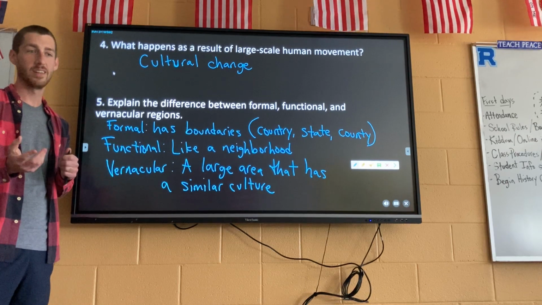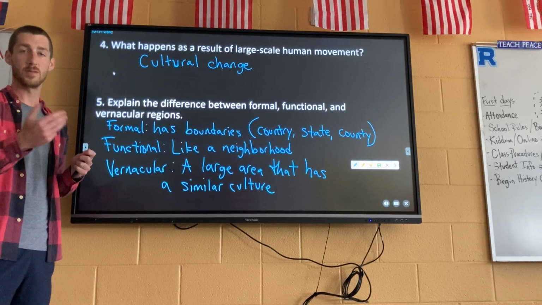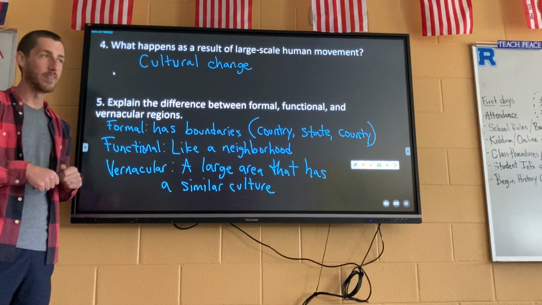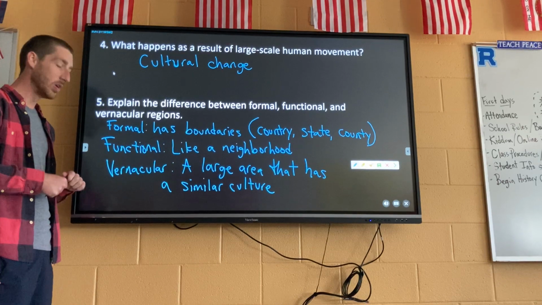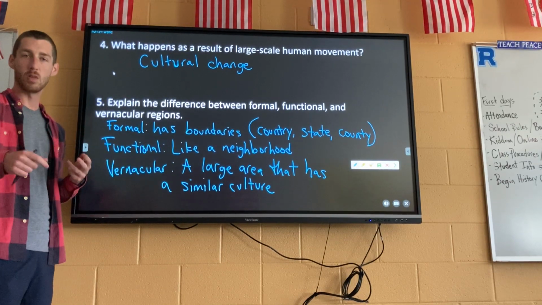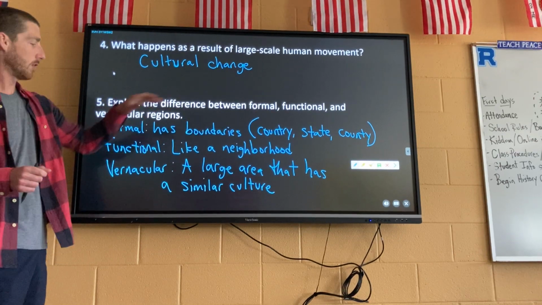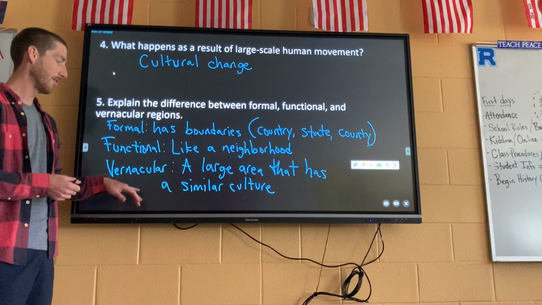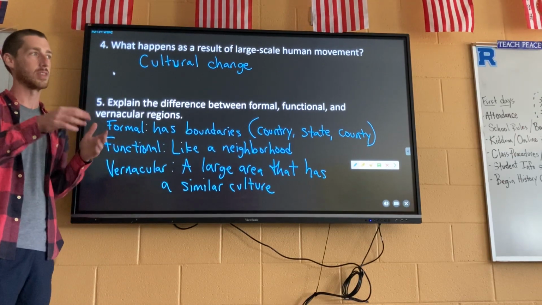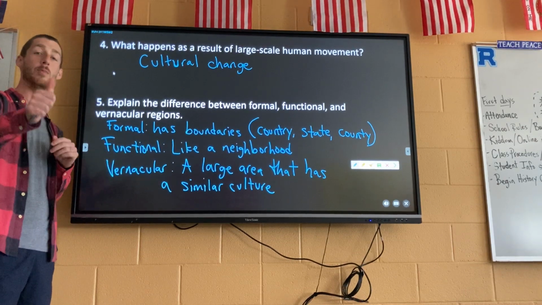The South is hot, and there are a lot of rural areas, farming. Everybody has the Southern accent, or a lot of people do. Middle East, you know, Arabic culture, Islam as the main religion, things like that. So formal has boundaries, functional is like a neighborhood, and vernacular is an area that kind of exists in your mind. Like you think of the South and you think of Tennessee, Alabama, Georgia, that sort of thing. Okay? Let me know if you have any questions.